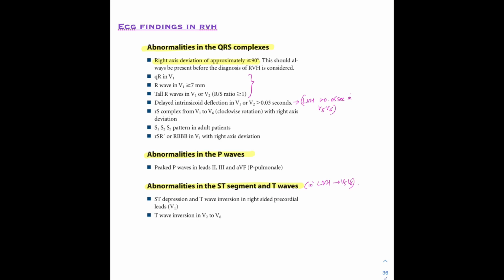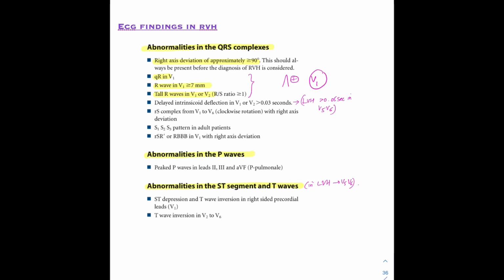Next, when you see tall R waves in V1, that is R waves in V1 of more than 7 mm, and then again tall R waves in V1, V2. It's basically depicting in a nutshell that you're going to have positive deflections in lead V1. Just try to think, why are you going to have positive deflection in V1?